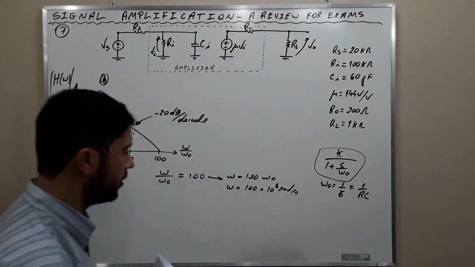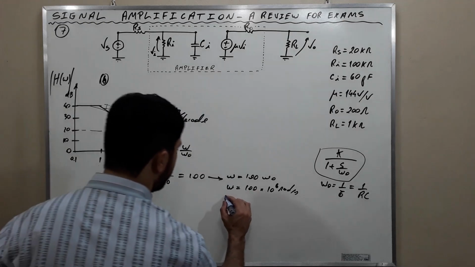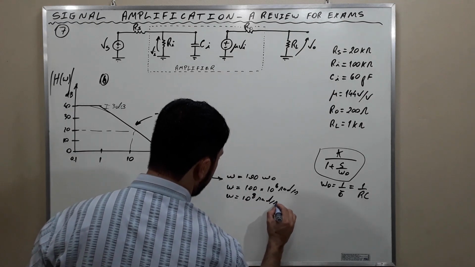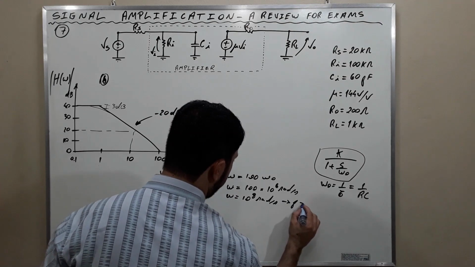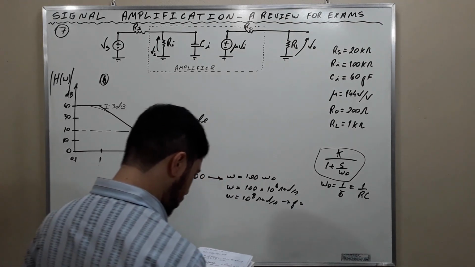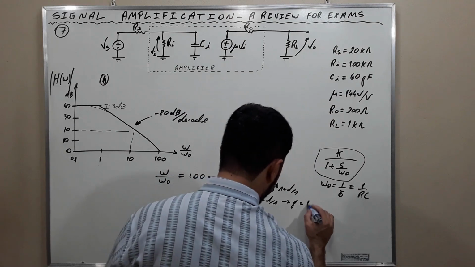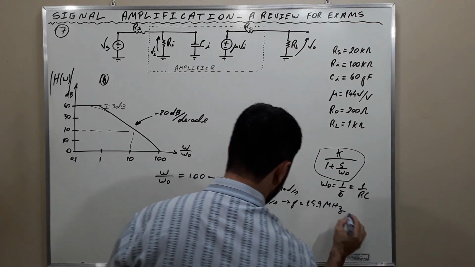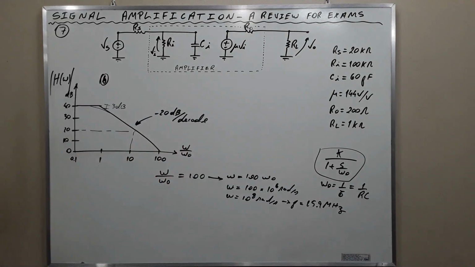We calculated it. And 100 times it is 10 to the 8th radians per second, or if you prefer, a frequency in hertz equal to 15.9 megahertz. The exercise asked us in letter B the frequency at which the gain becomes 0 decibels.